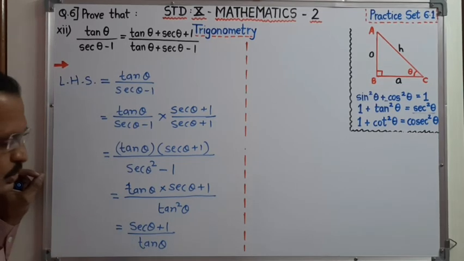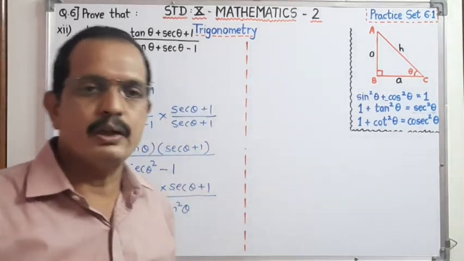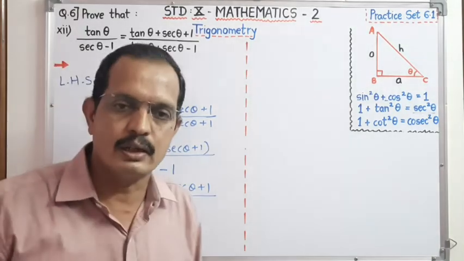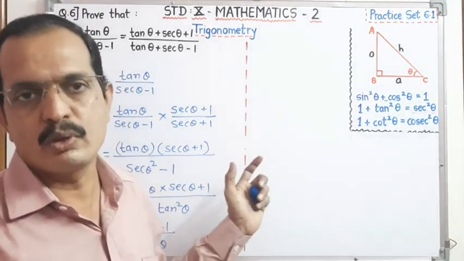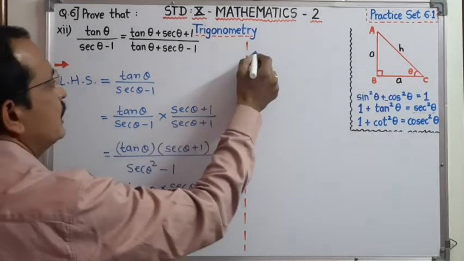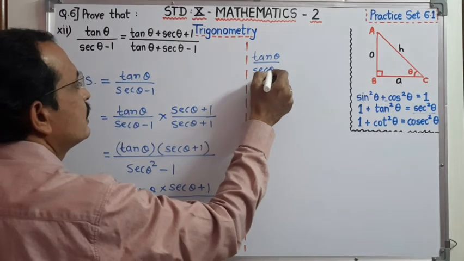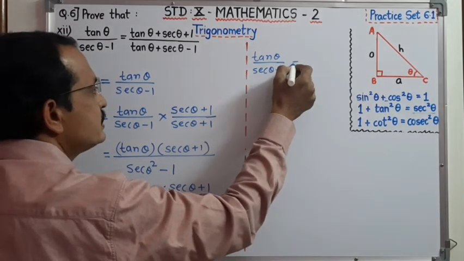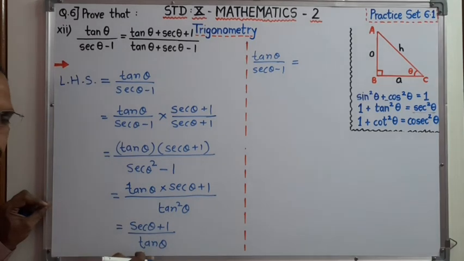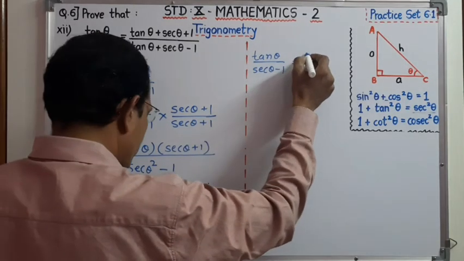That means, dear student, here we have to use one property about equal ratios, that we have already learned in standard 9, that is the theorem on equal ratios. How? See dear student, we got here tan theta upon sec theta minus 1 is equal to sec theta plus 1 upon tan theta, because we proved this is equal to this. That means these two ratios are same.